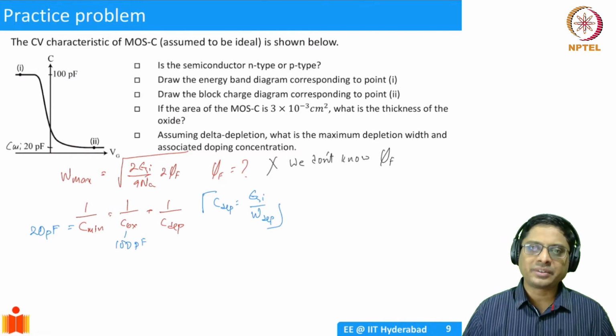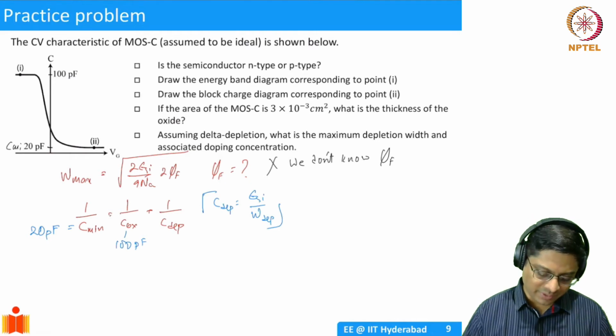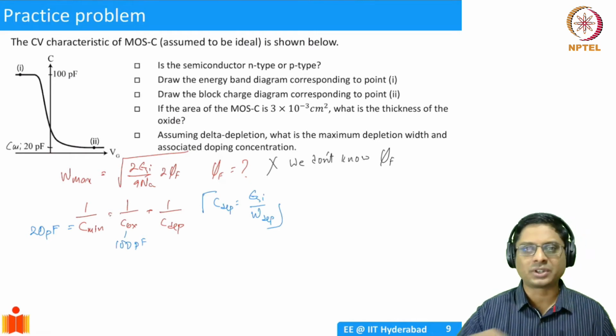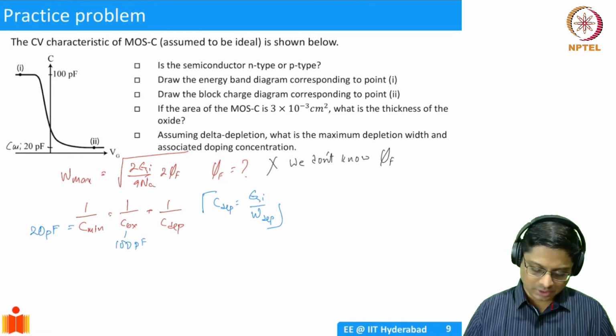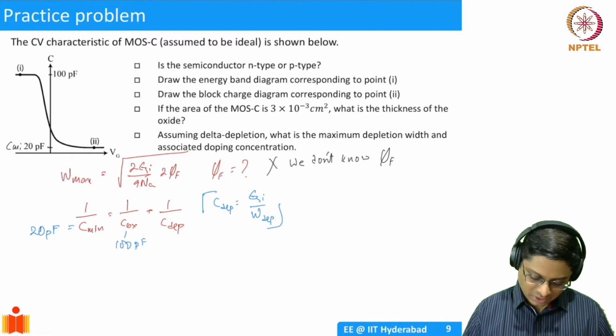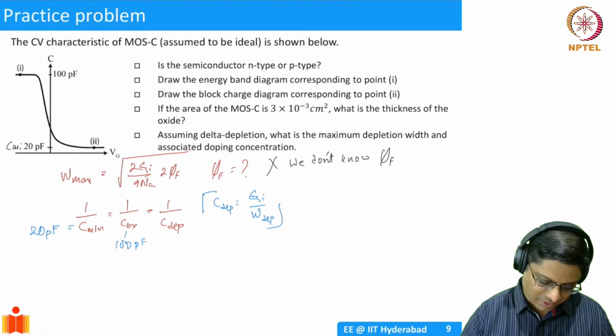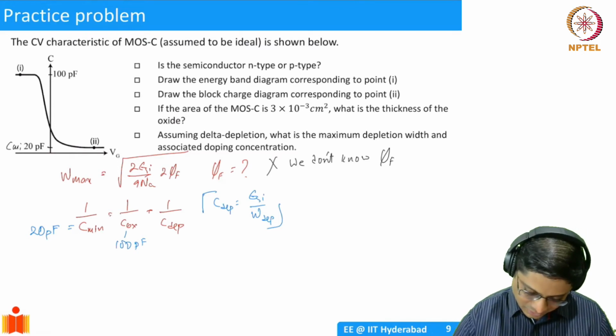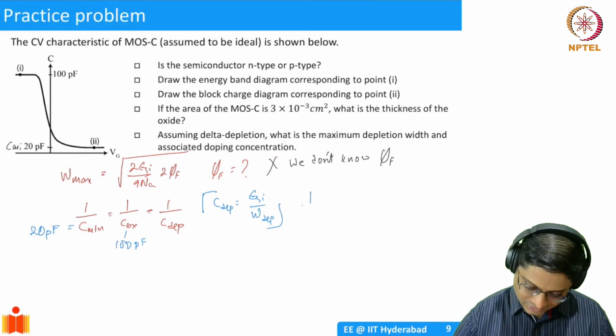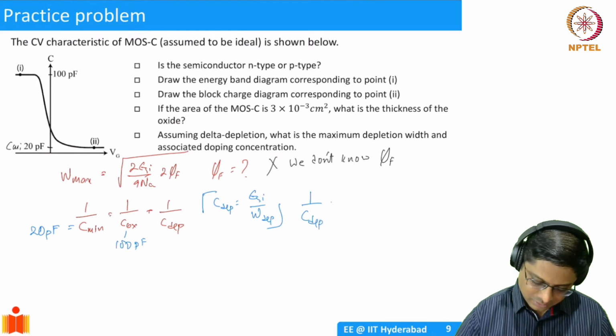When is the maximum depletion width? When it is an inversion. So of course that is going to be valid in this case, because C min is when you have the maximum depletion width. Okay, how do we solve for C depletion now? Well, I can do some jugglery algebra, which I usually don't like, but let me try here. 1 over C depletion equal to 1 over C min minus 1 over C ox.